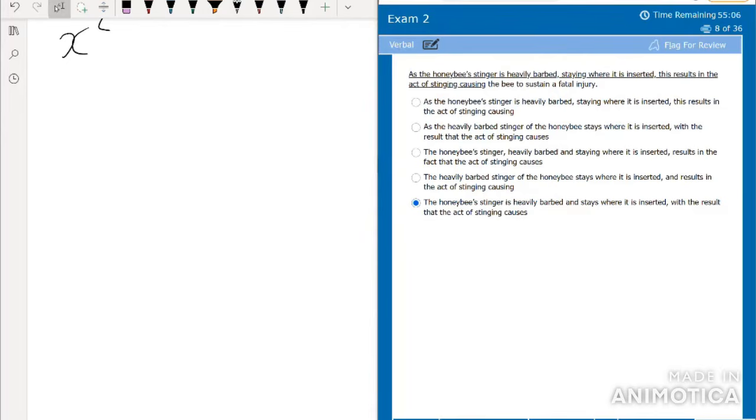So I like E. Simply because it shows the meaning more clearly. Yeah.